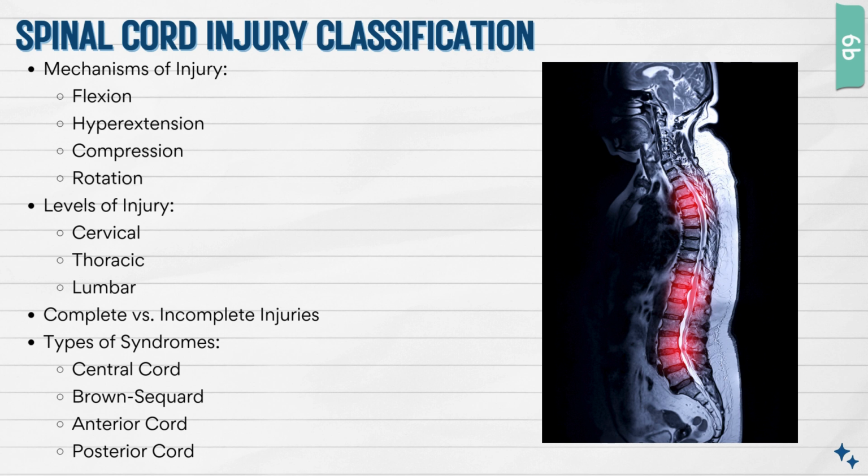So there are specific spinal cord syndromes that we need to also discuss. Okay, so there's central cord syndrome. This is often because of a hyperextension injury that affects the upper extremities more than the lower ones. Okay. The Brown-Séquard syndrome is a hemisection.